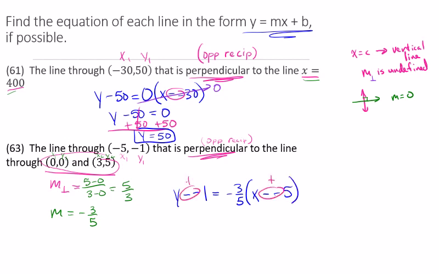I know it's a little confusing because we have this x1, y1 and this x1, y1, but remember that this one was for the perpendicular line and this one's for the line that we're trying to find. So we get y plus 1 equals negative 3/5 times x plus 5, and I'm going to distribute the negative 3/5.